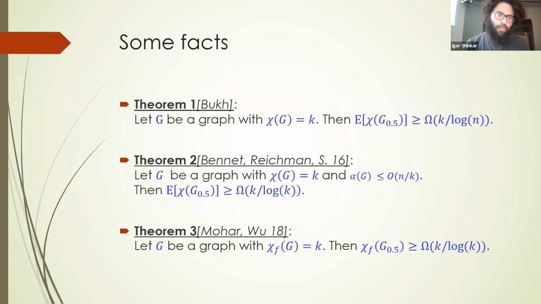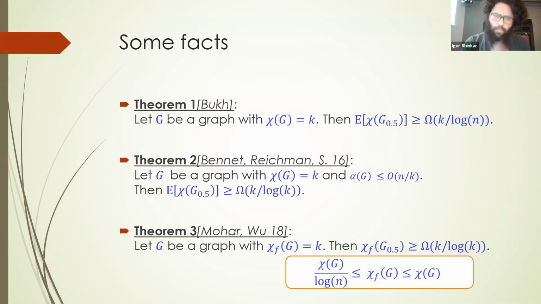If you know this, then you already know the definition, and if you don't, the natural LP you would write will give you the fractional chromatic number. Anyway, these are the known results, at least those I'm aware of.